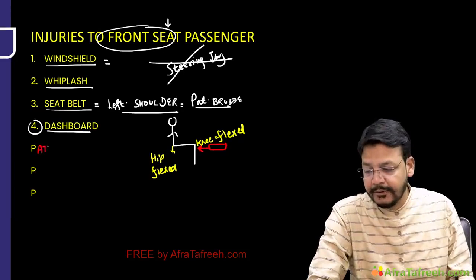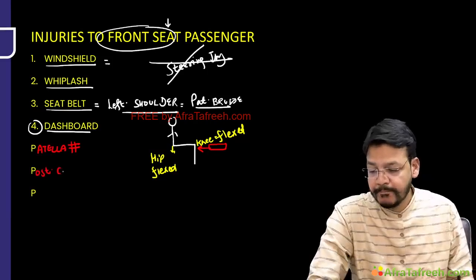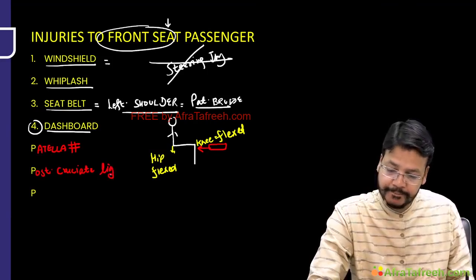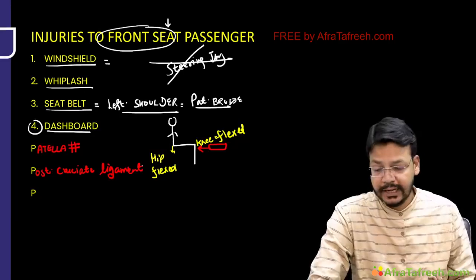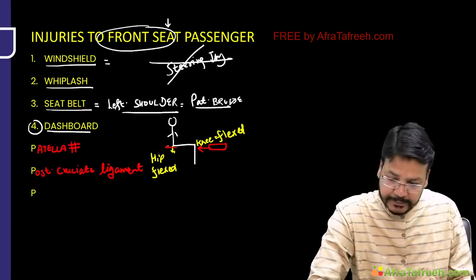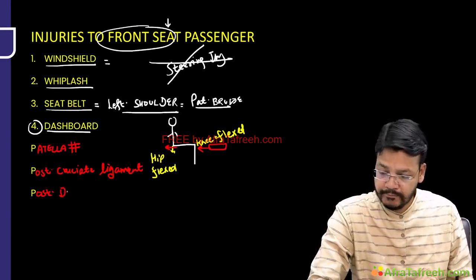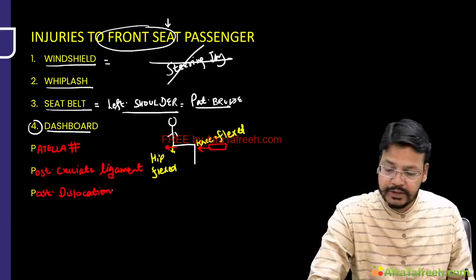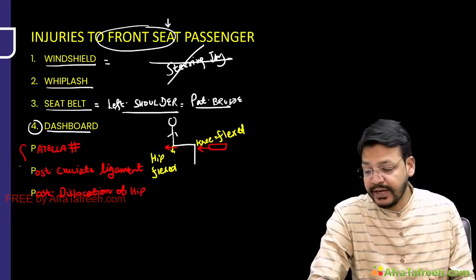So there are 3 P. Number 1, patella fracture. Number 2, posterior cruciate ligament injury. And the third, which is very, very important, sir, posterior dislocation of hip. These are the 3 dashboard injuries.